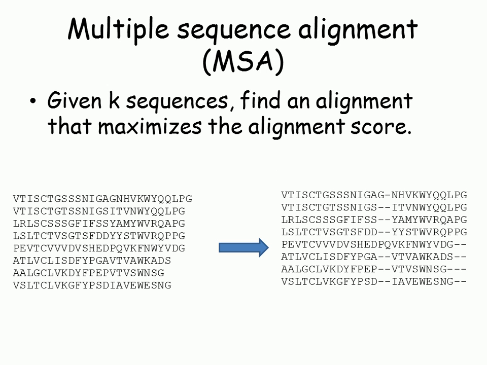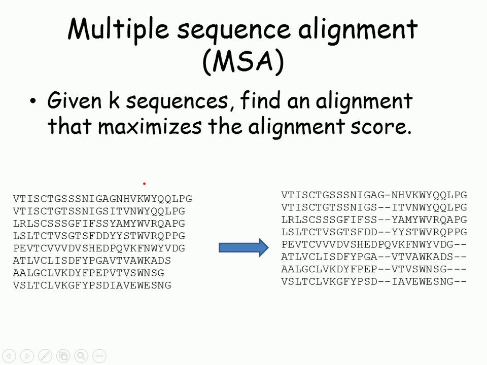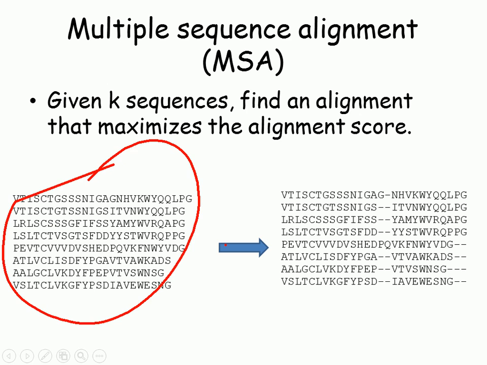So visually, you have on the left a set of sequences, and their alignment is essentially putting gaps in the correct places. So it's about finding where those gap characters should go.